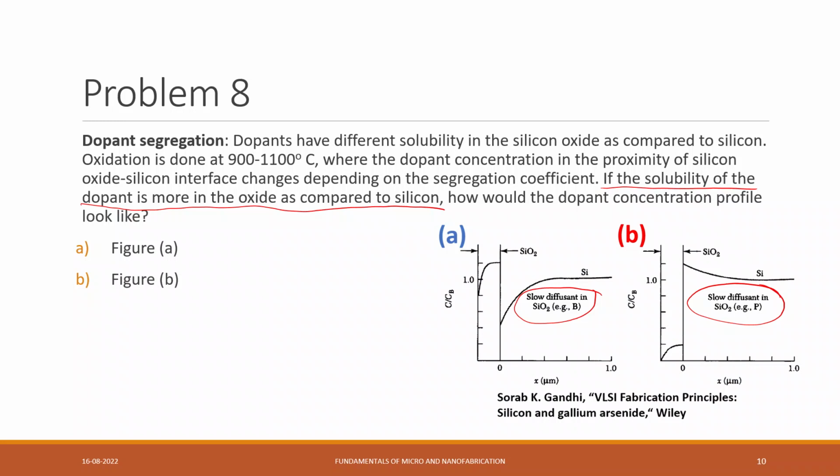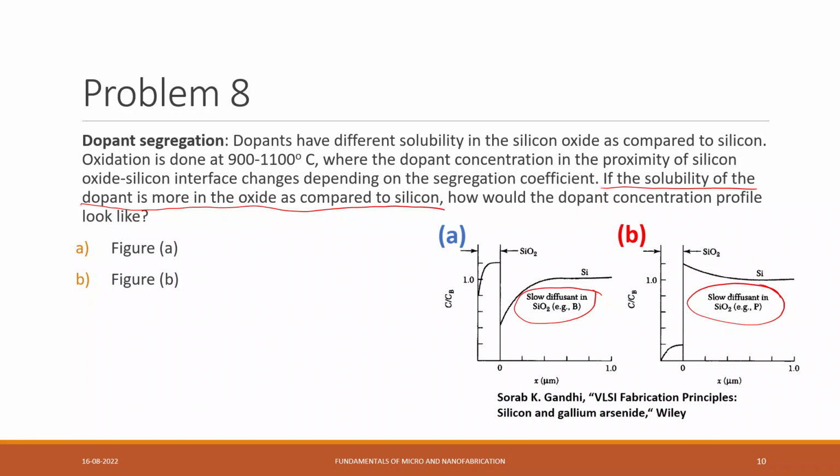Here, the solubility of the dopant is more in the oxide as compared to the silicon. So after this oxidation process, it should get more accumulated in the silicon oxide interface compared to the silicon.